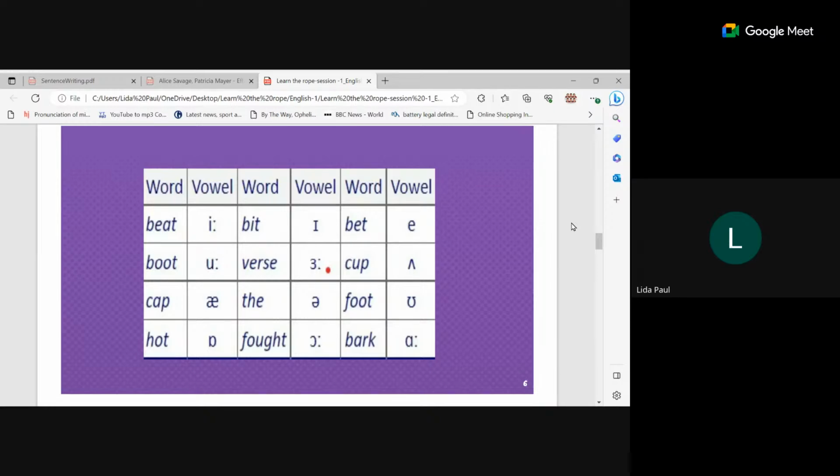Just go through this table, and my sincere suggestion to you is that you practice by choosing another 5 words or so. Like you have beat here, try to figure out 5 other words with the same vowel sound, so that you get some sort of practice. So you have 12 of them in all. Have at least 5 words for each vowel sound.